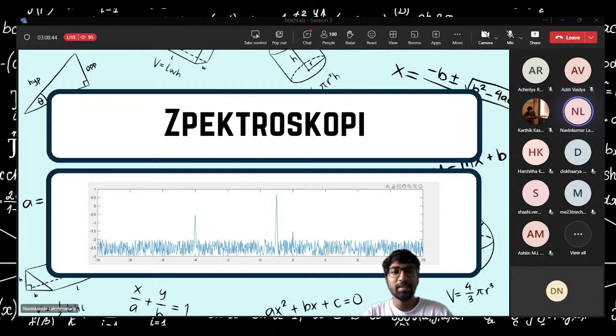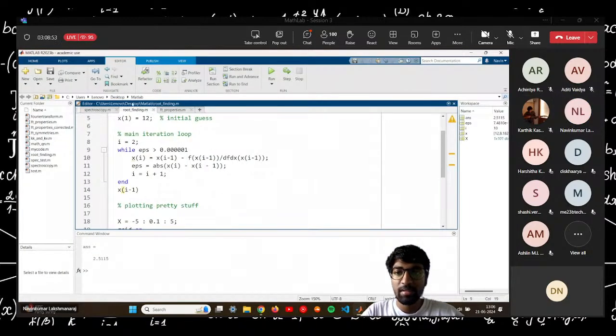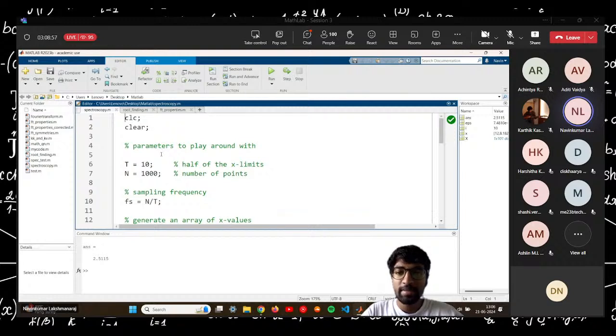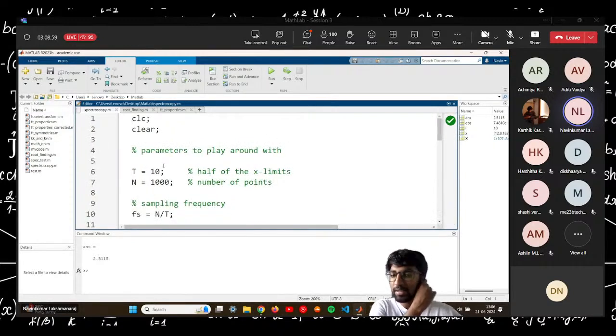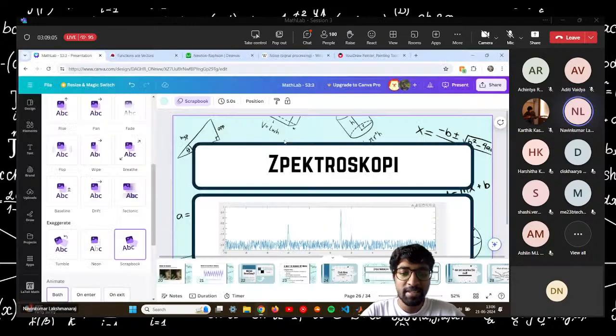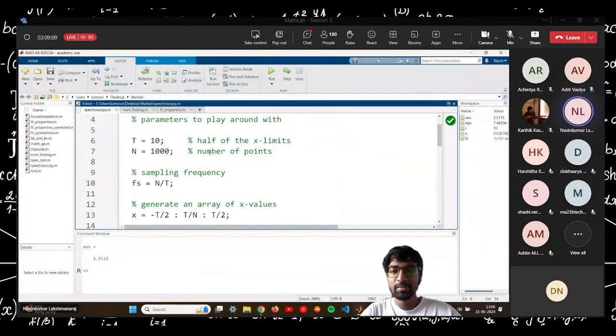The answer is simple. You do the same low-pass filter procedure that I had shown before. Now let's try to implement the same in Octave. So I hope my screen is visible and the code is visible as well. What I've done in this procedure is first I set the x limits, so basically from -10 to 10 as shown in this figure here.